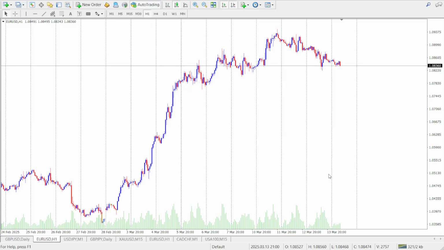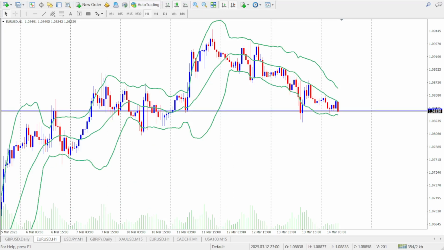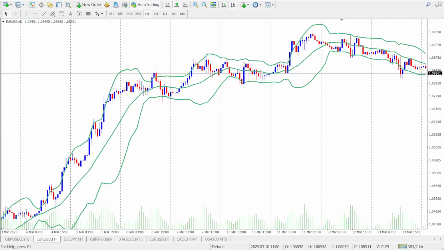Now let us jump right in. First of all, let us quickly cover what the Bollinger Bands are. Developed by John Bollinger, this indicator consists of a middle moving average, with two outer bands that expand and contract based on market volatility.